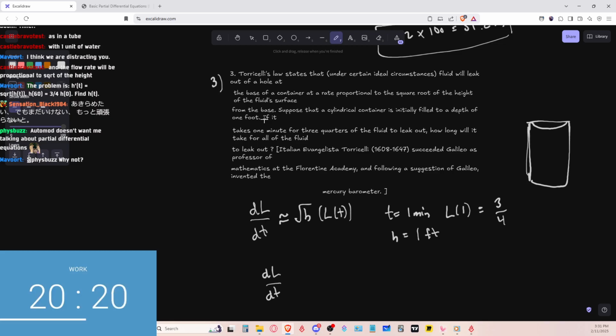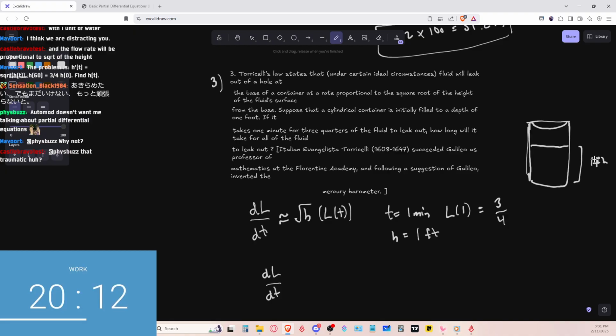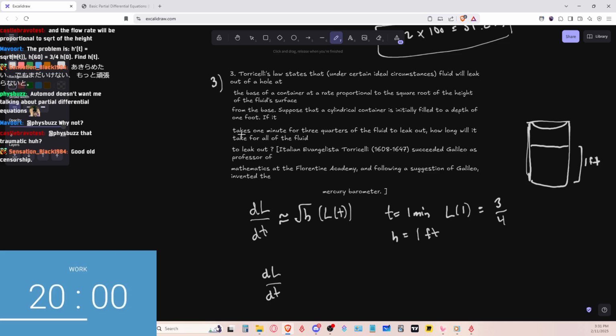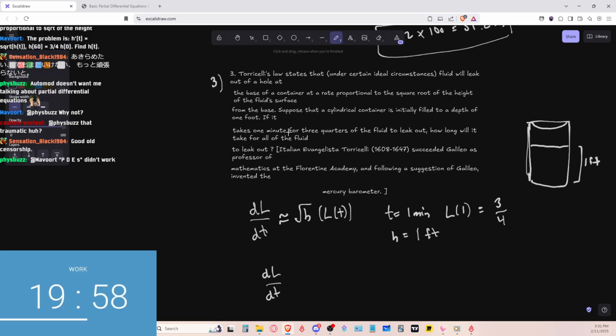Okay, so I guess we'll just draw it like this. 1 foot. Wow, that doesn't look good. So 1 foot. If it takes 1 minute for 3/4 of the fluid to leak out, how long does it take for all the fluid to come out?